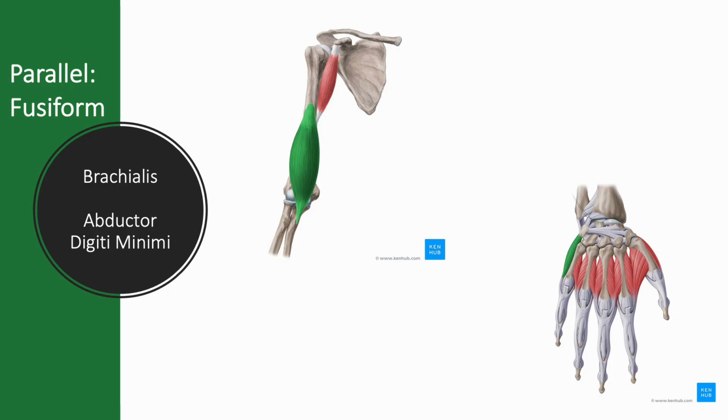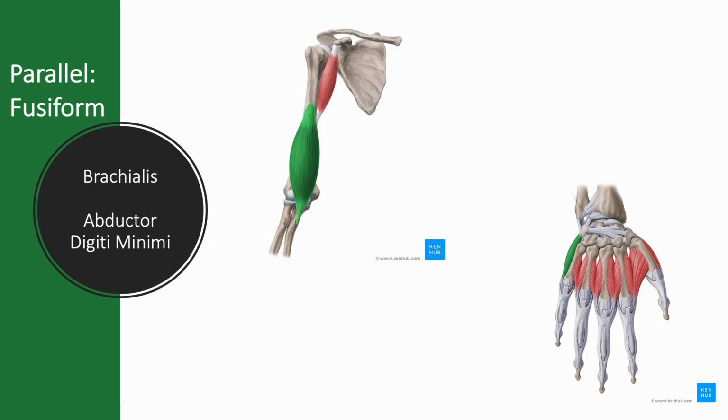These two are shaped on very different scales. So the brachialis is deep to the biceps brachii, and the abductor digiti minimi is on the ulnar side of the hand, or the pinky side. So when you palpate the brachialis, I just want you to remember that because it lies under the bicep, you have to edge the bicep over to feel that thick fusiform belly.